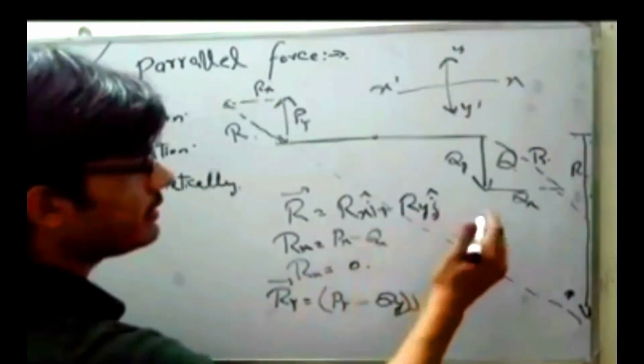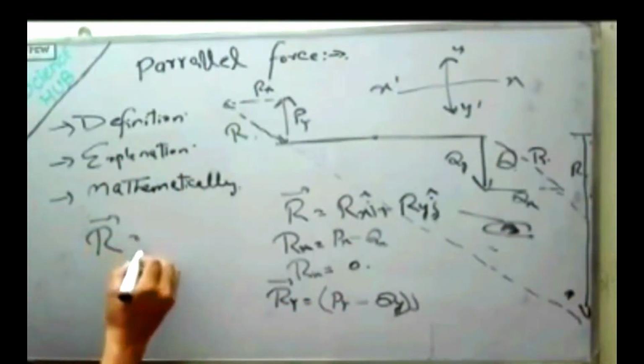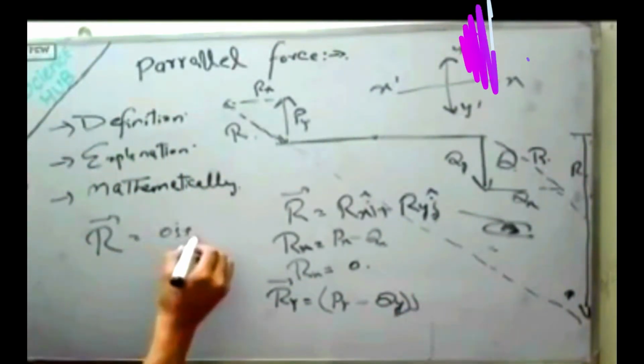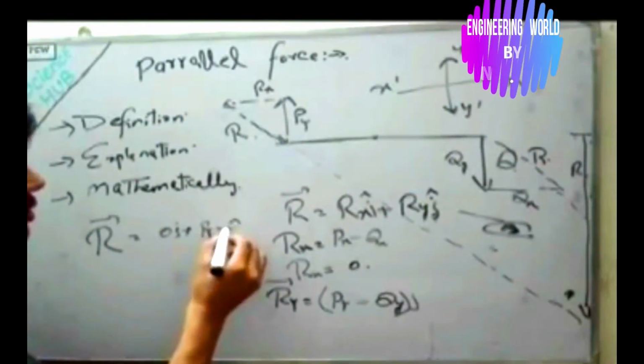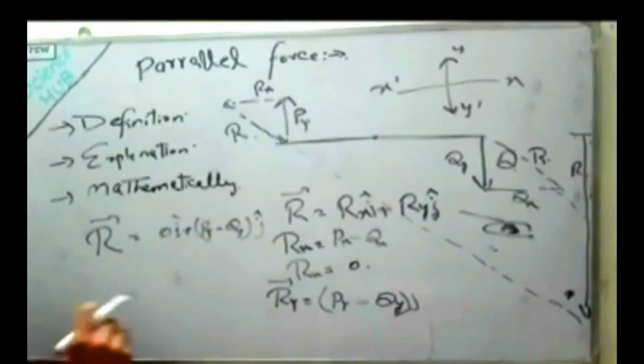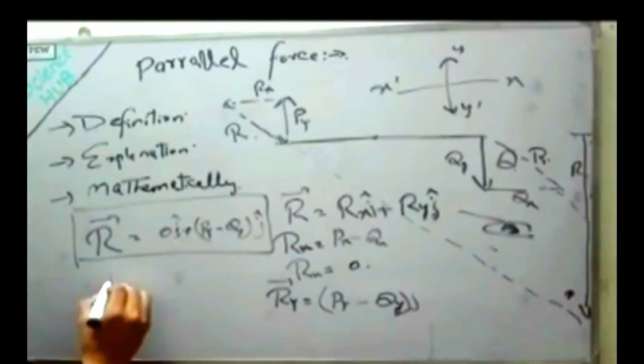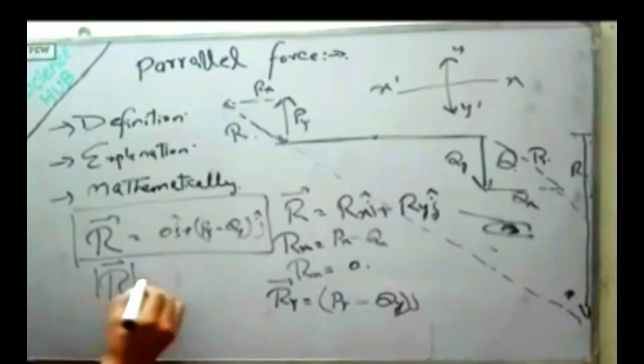Now putting the value of Rx and Ry in this equation, we get the resultant 0 i plus (Py minus Qy) j. So this is the resultant of these two anti-parallel forces.